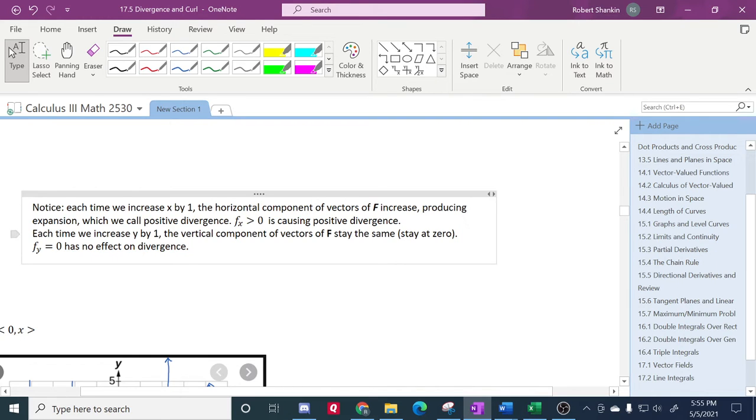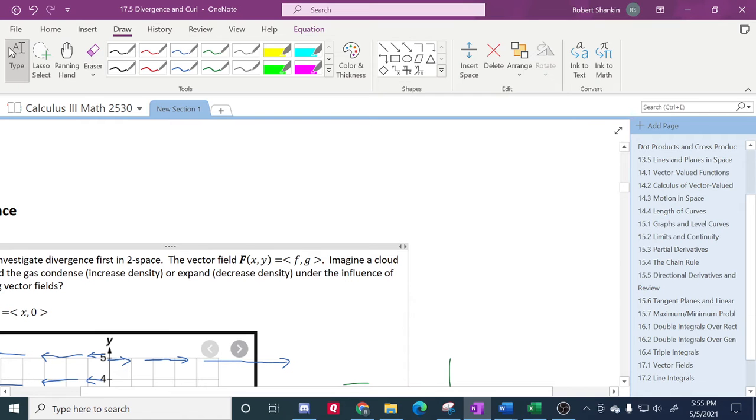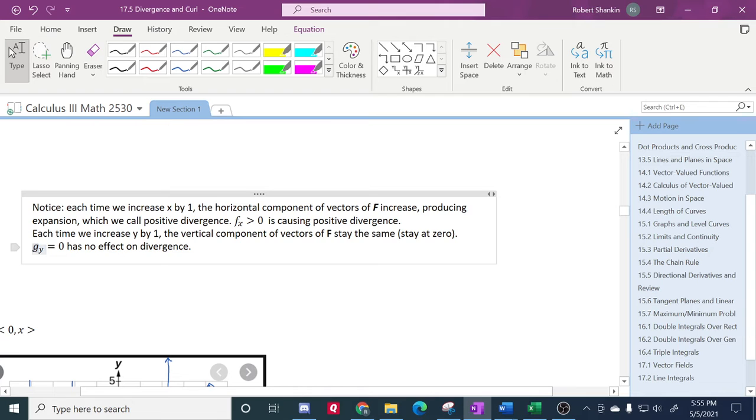Oh, each time we increase y by 1, this is not f with respect to y, this is g with respect to y, because remember, cap F was little f, little g. This has no effect on the divergence.